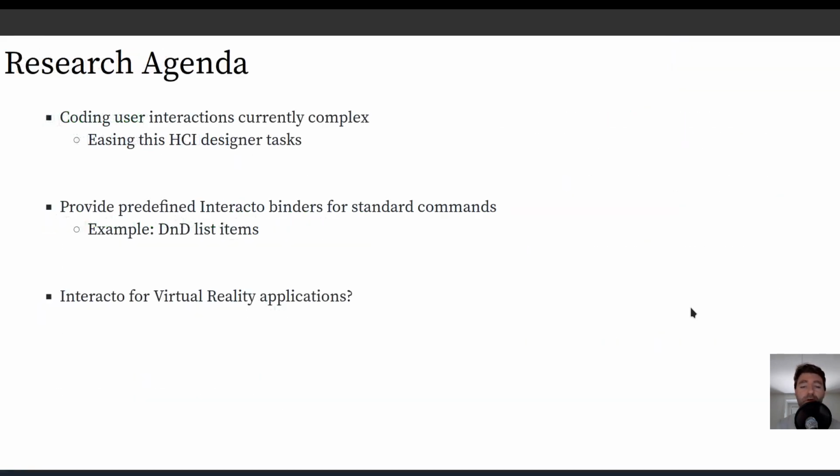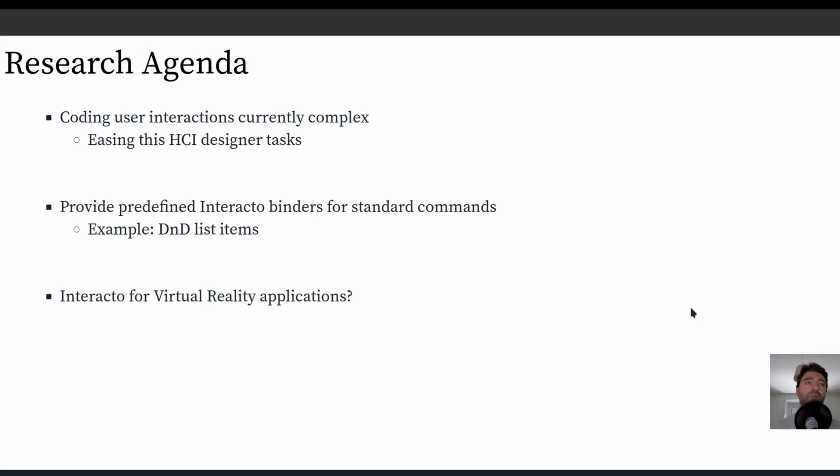To conclude, we will work on coding user interaction, because currently we think it's not easy for HCI designers to develop user interaction. So we will try to see how to ease such a task in a prototyping, in a design purpose.